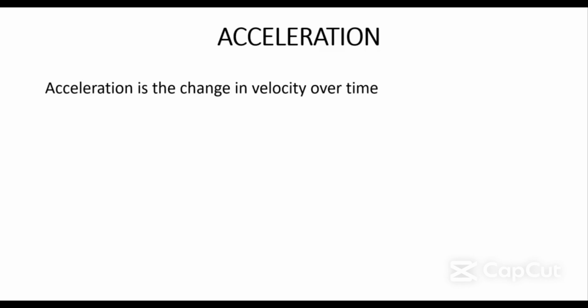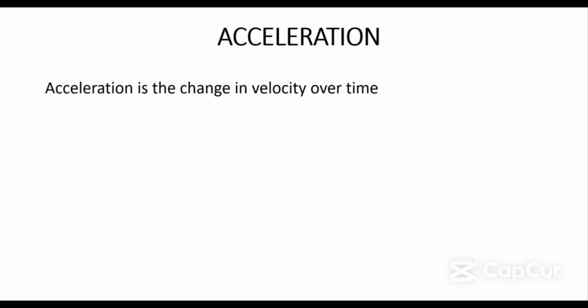To describe the change in velocity, we need a new term called acceleration. In the same way that velocity measures the rate of change of an object's position, acceleration measures the rate of change of an object's velocity.